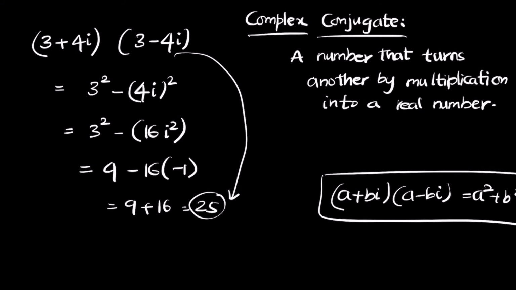So with that in mind, let's try division. Let's take an example. Let's say we have 2 plus 5i over 4 minus i. So we multiply and divide it with the complex conjugate. So the multiplied value is 4 plus i over 4 plus i, not 4 minus i.